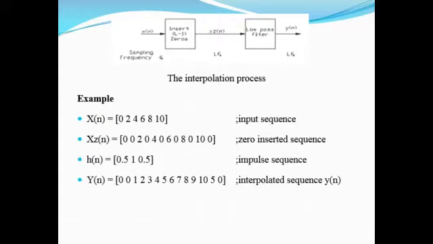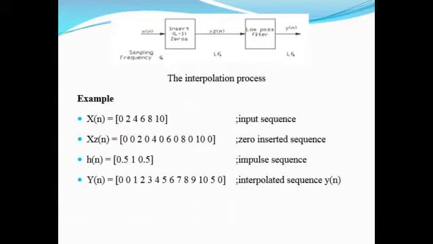We insert L minus 1 zeros. This is the first process, where L is nothing but the interpolation factor. This zero-inserted sequence is fed to a low pass filter, which gives us the output y of n, the interpolated sequence. This is a sequence where the sampling rate is increased.